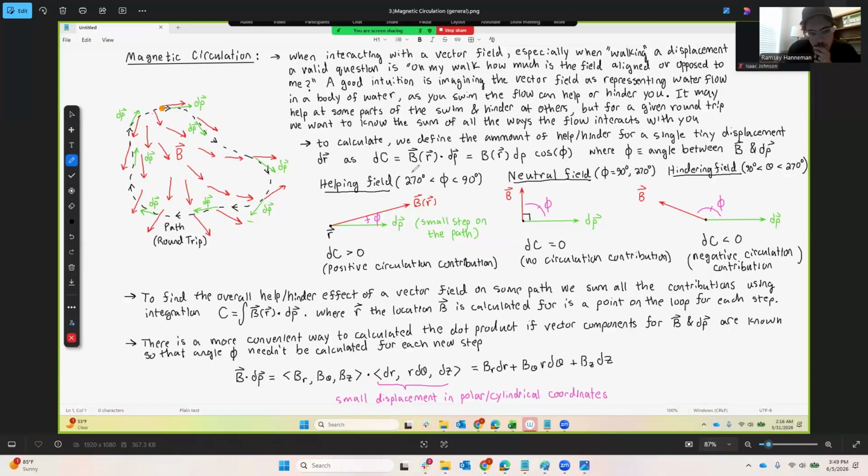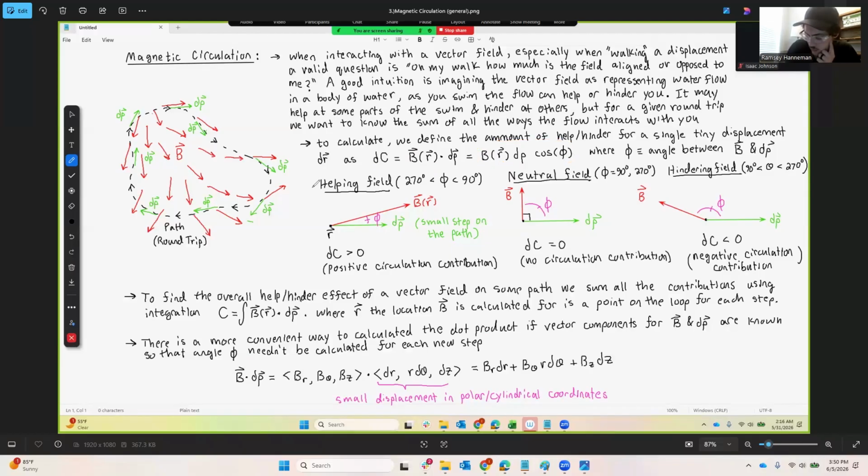To find a small bit of that help or hinder from the field, we take the B field at that vector position and dot it with the step along the path we took. That's similar to taking the magnitude of B, the magnitude of your step, and then cosine phi, where phi is the angle between the field and your step.